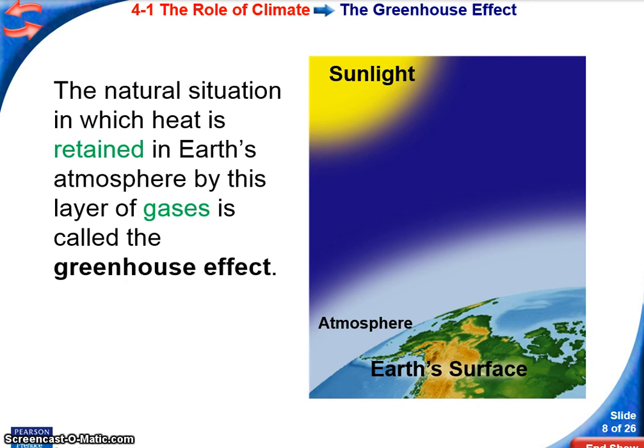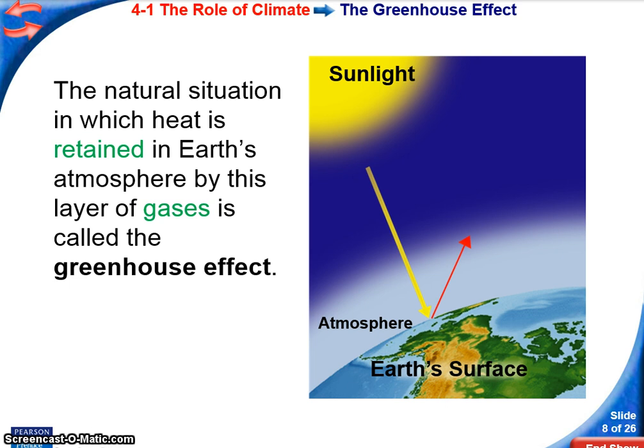The natural situation in which heat is retained by the Earth's atmosphere is called the greenhouse effect. So if you look at the picture here, you see that we have the Earth's surface and it's surrounded by the atmosphere, and we have the sunlight that comes down to Earth. So it's going to come down and it's going to hit the land where we live. Some of that is going to bounce back off into the air. Some of it's going to get absorbed by the Earth and it's going to stay and warm us up, and some of it is going to bounce back off up into the atmosphere.